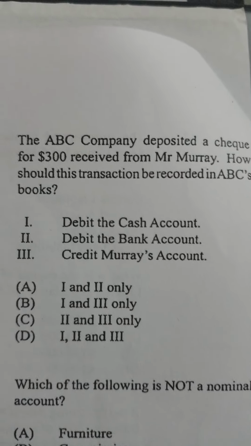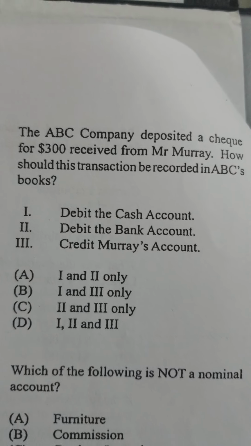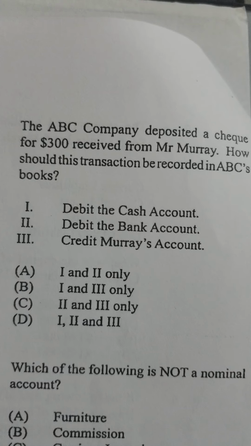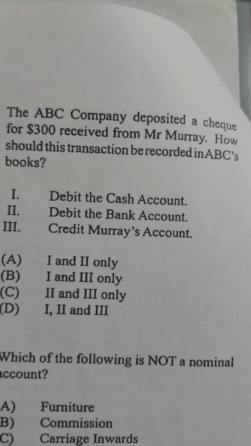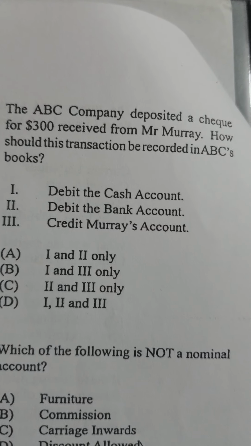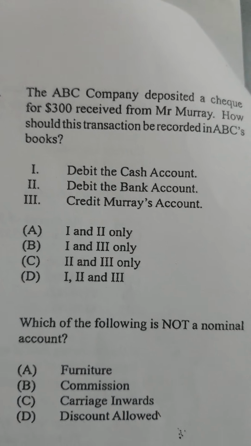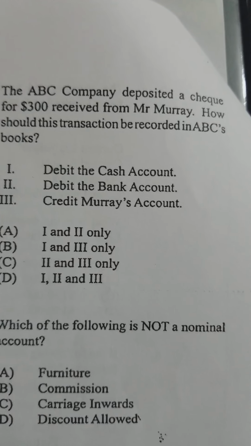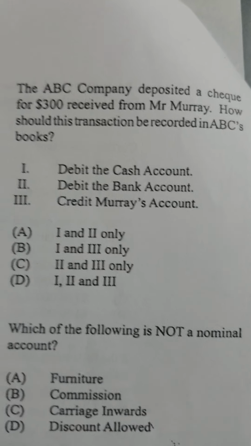It says that ABC company deposited a check of $300 received from Mr. Murray. So Murray is paying us money and we are receiving it.